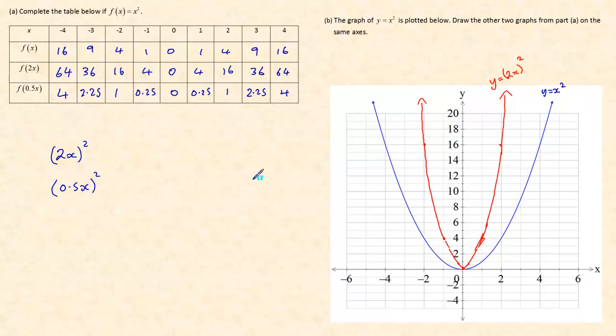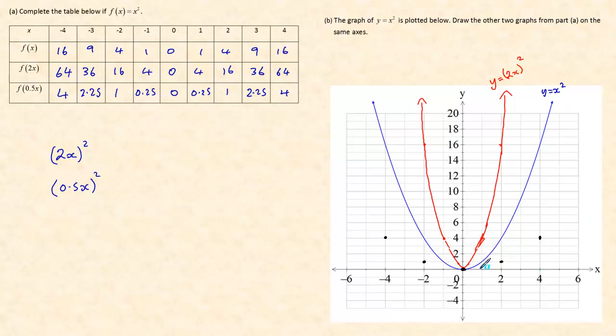Now, let's change over to the 0.5x. So negative 4, 4. We can put that one on. And negative 2, 1. 0, 0, and 2, 1, and 4, 4.